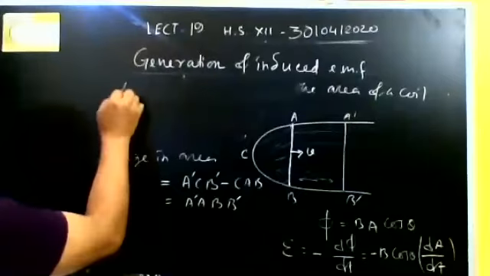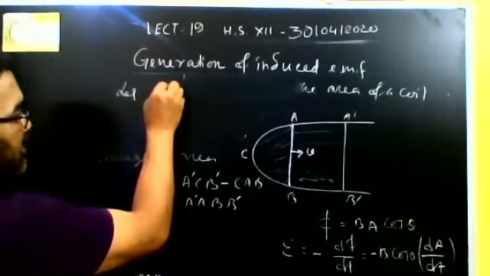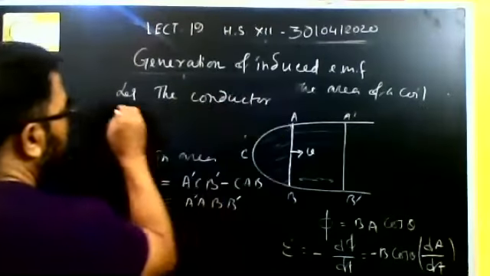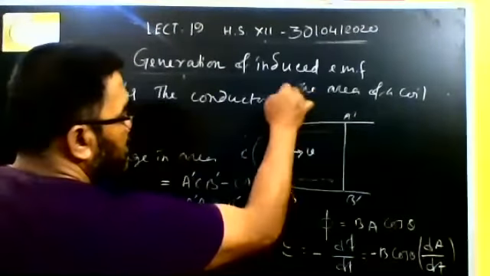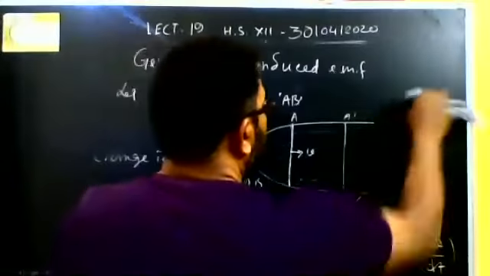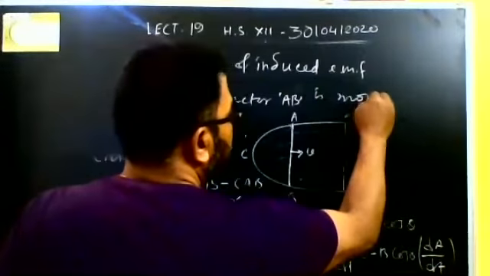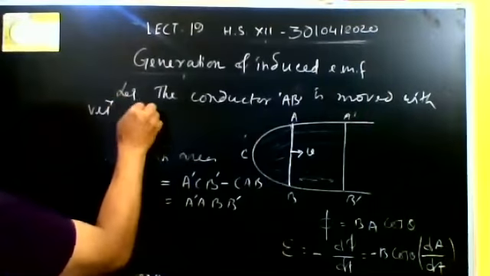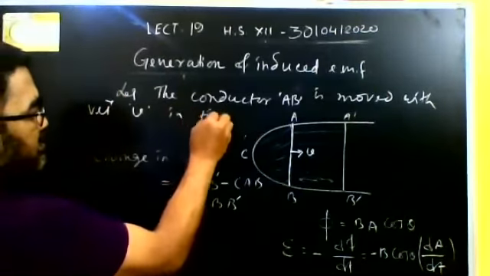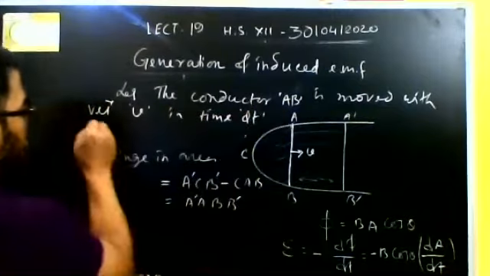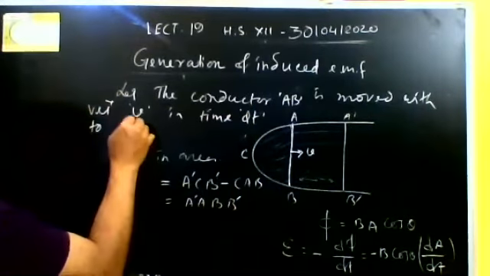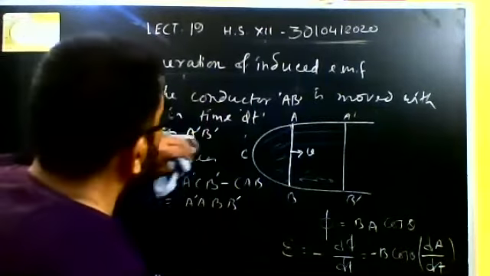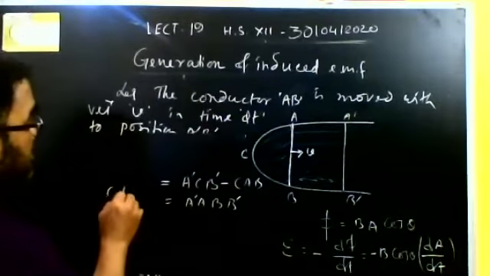Let the conductor AB be moved with velocity v in time dt to position A dash B dash. This is the change in area.